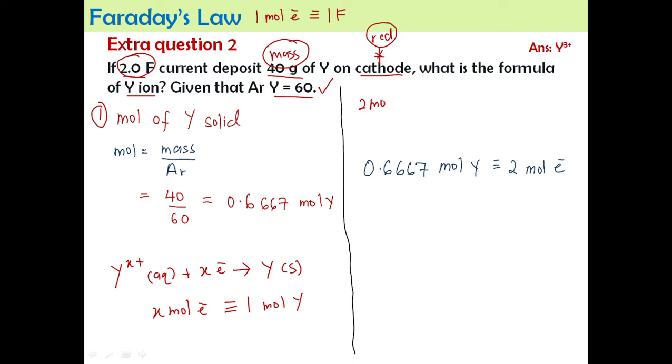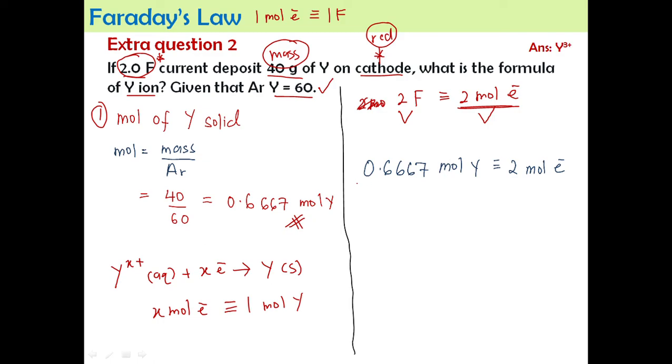Okay, sorry. 2 Faraday supply bermaksud dia discharge 2 mole of electron. Okay. So, kalau supply 2 Faraday bermaksud melibatkan 2 mole of electron. So, kalau supply 2 Faraday, discharge 2 mole of electron, menghasilkan this much of Y.